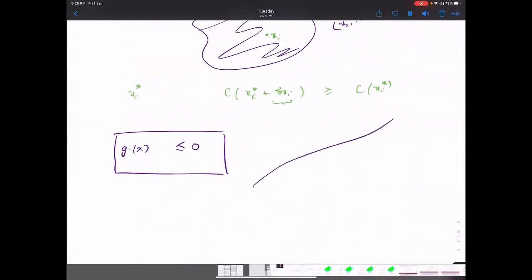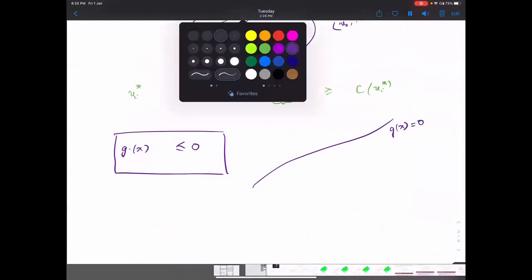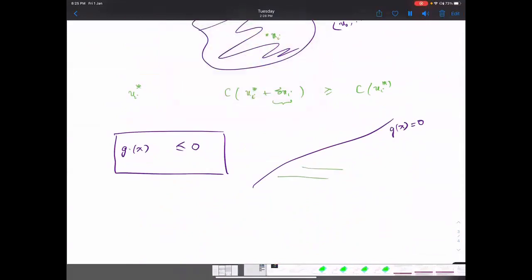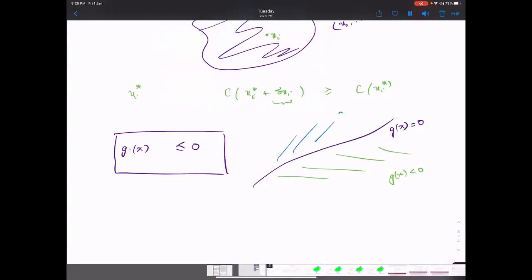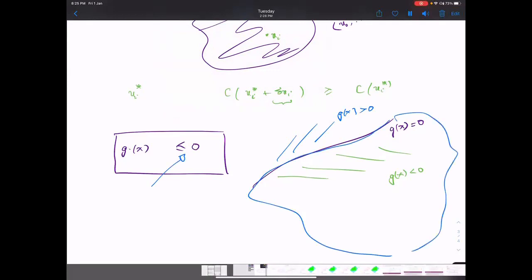If you look at this constraint, you have a surface which is g(x) equals 0, and on either side of it, one side is g(x) less than 0, and the other side you have g(x) greater than 0. So when you have something like this, your region becomes this whole part. This is your region now, and that's the equivalent of your chi or M, whatever you take.